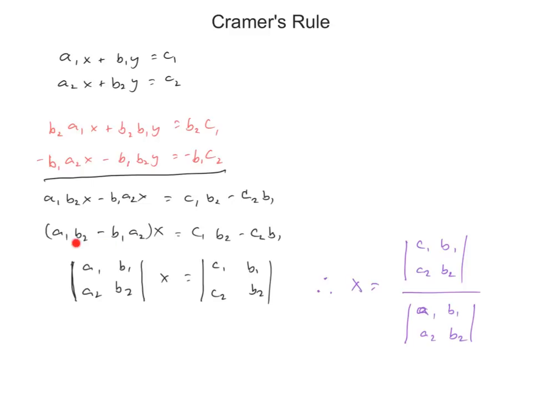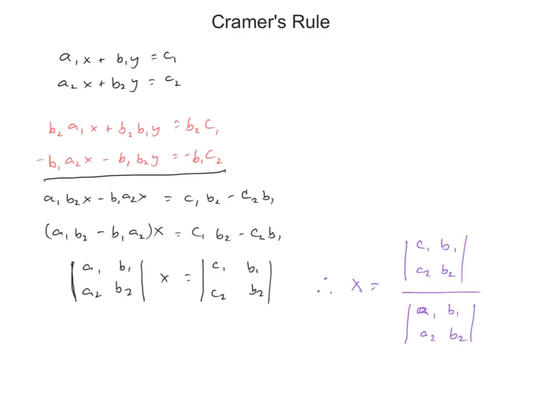If you look at that, these two expressions resemble the determinant of a matrix. a1b2 minus b1a2 is the determinant of this matrix, ad minus bc. a1 is in the a spot, b2 in the d spot, b1 in the b spot, and a2 in the c spot.